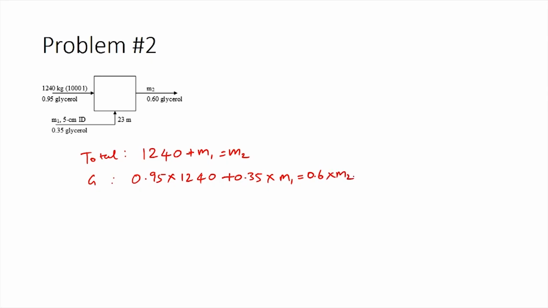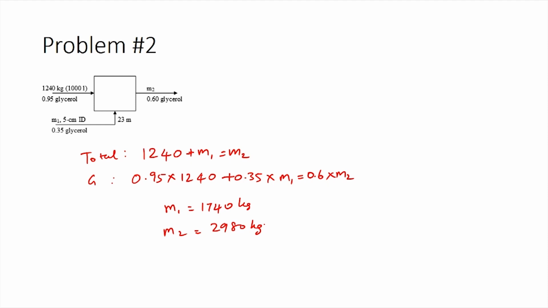So, you have two equations and two unknowns, you can solve for M1 and M2. So, the value for M1 would be equal to 1740 kilograms and the value for M2 is equal to 2980 kilograms.